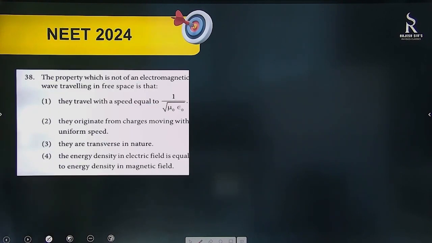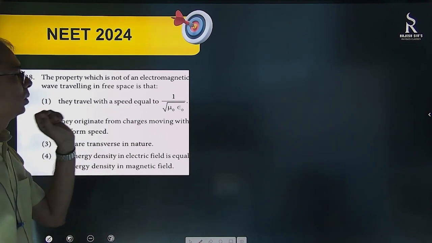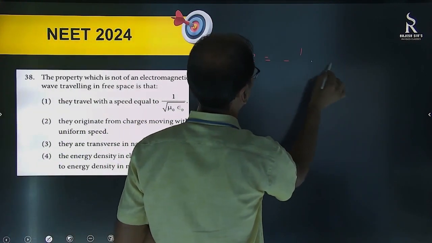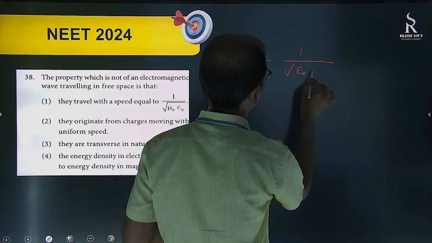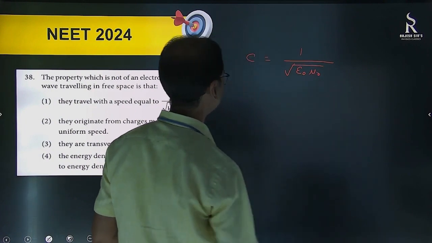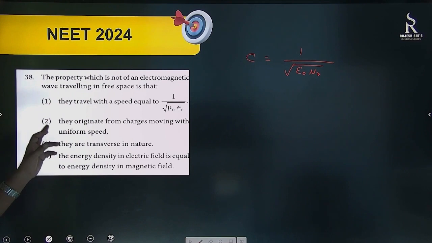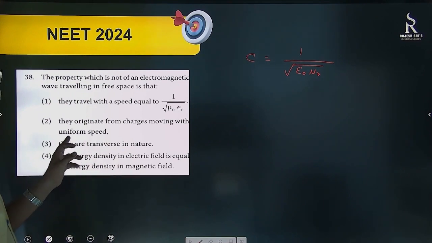38. The property which is not of an electromagnetic wave traveling in free space is that they travel with a speed equal to root over 1 by, yes, c is actually equal to 1 by root over epsilon naught mu naught. Next, they originate from a charge moving with uniform speed?